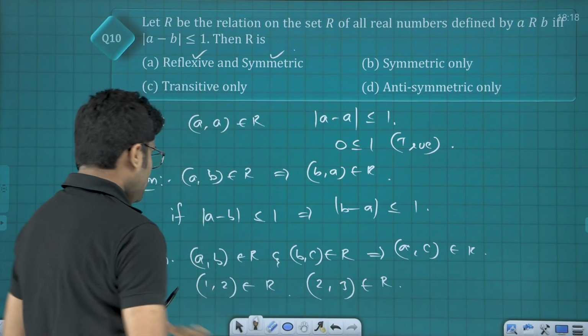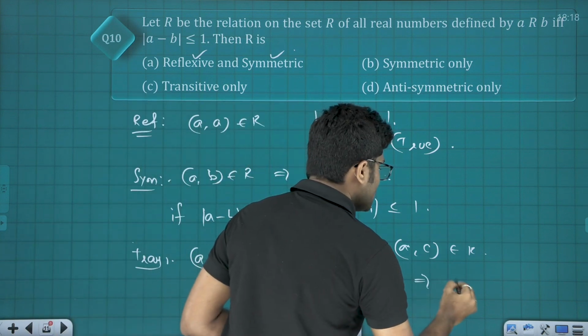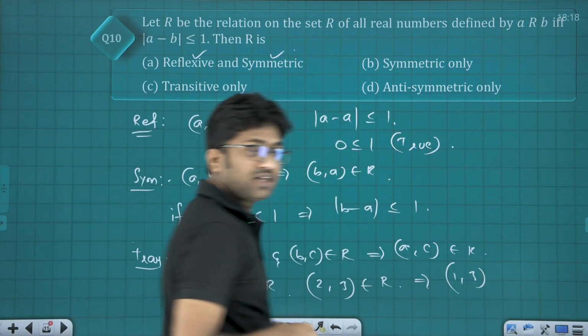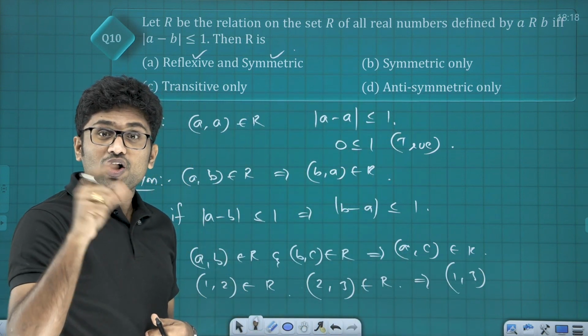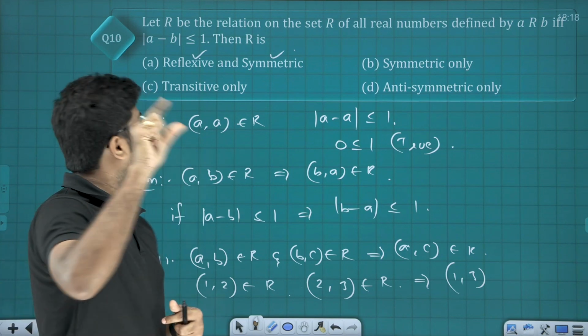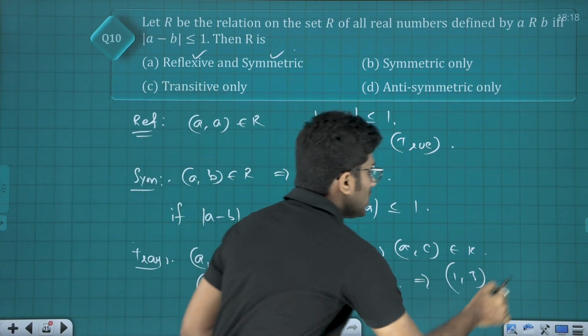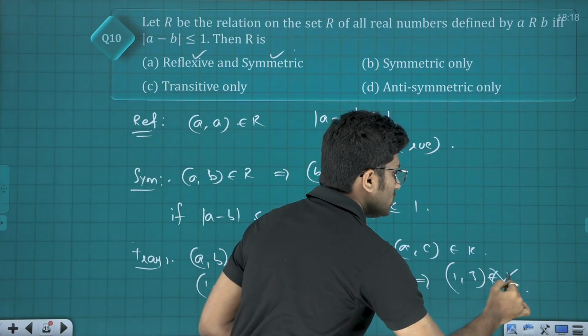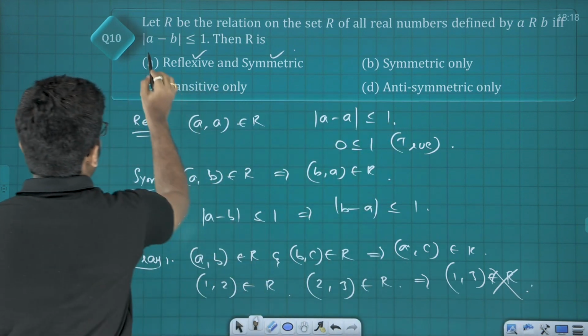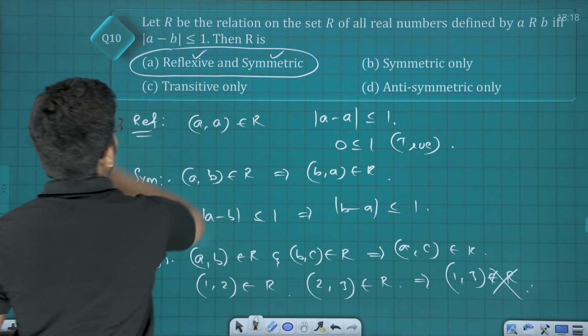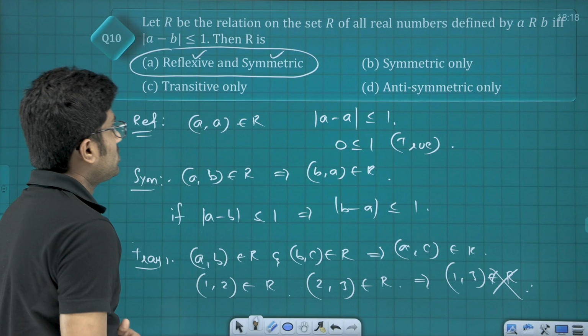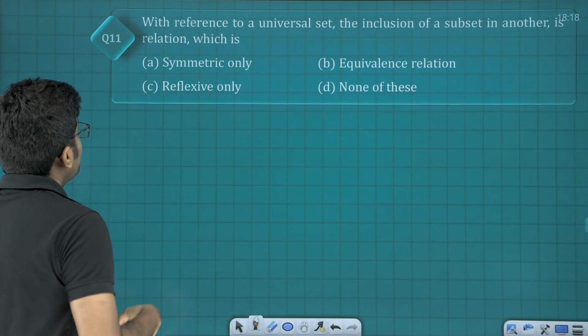Next, what about (1, 3), friends? 1 minus 3 is minus 2, mod of which is 2. Is 2 less than or equal to 1? No. Therefore, it is not transitive. Therefore, the relation is only reflexive and symmetric, which is option A.